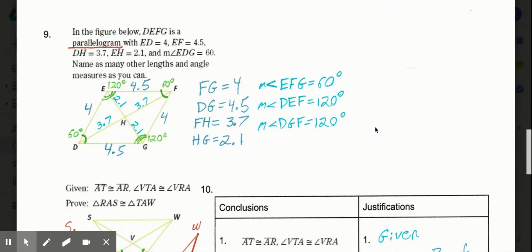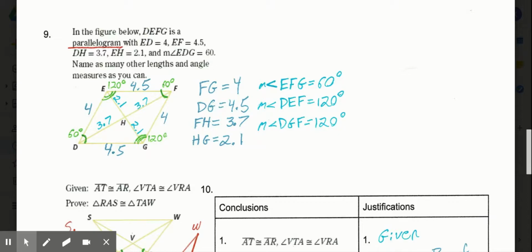In number 9, we were told that DEFG is a parallelogram. And then it went on to give us many different measurements. So beginning with ED, if we knew ED was 4, we know the opposite side, FG, is also 4. So we could say FG equals 4. Then they gave us the top, EF was 4.5.